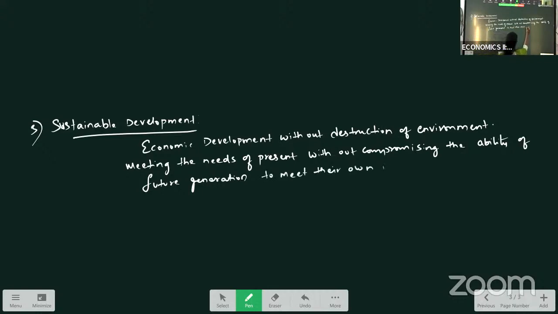To meet their own needs. This is called sustainable development. What is sustainable development? Economic development without destruction of the environment. When we are going for the development of our economy, we are not destroying our environment.